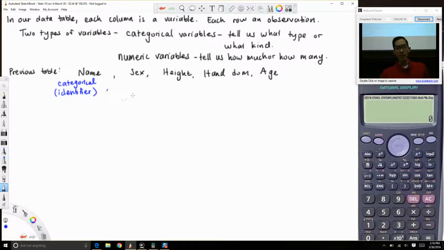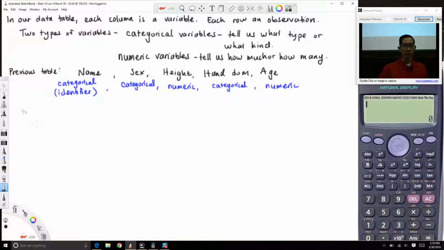But we can also just treat it as a categorical variable. Sex would be categorical. Height would be numeric, because it tells us how tall, how many inches tall someone is. Hand dominance would be categorical. And age would be numeric. Okay. Well, that's assuming age is being recorded as a number.